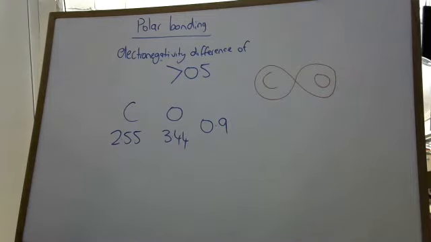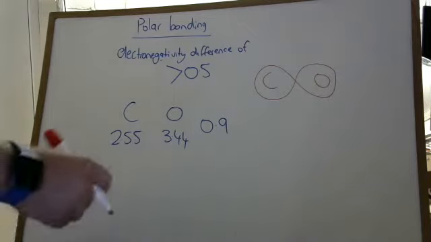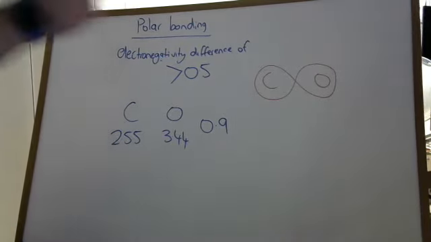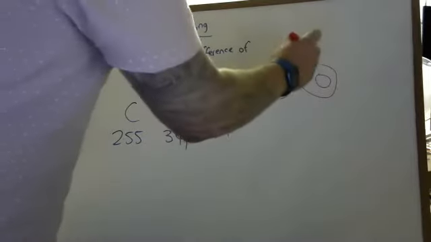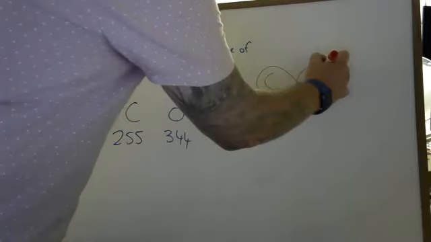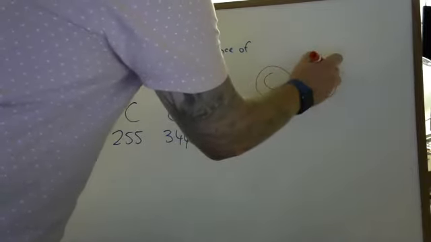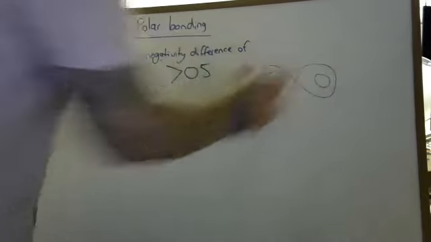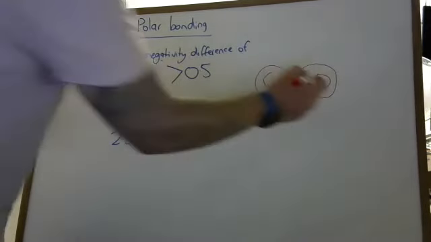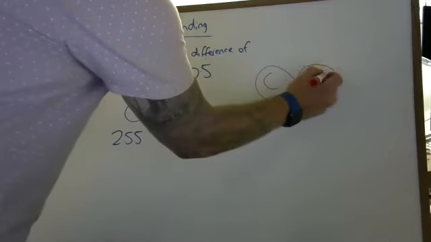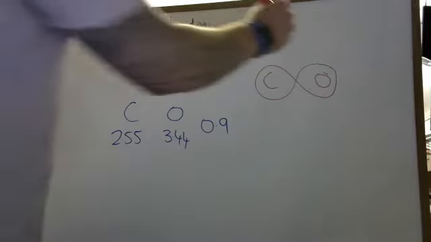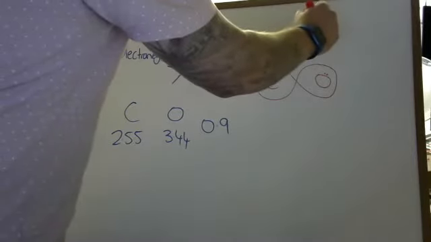Because oxygen has a greater electronegativity value than carbon, what it does is it hogs the electrons. So oxygen already has a non-bonded pair of electrons. It's in group 6. And when it binds with carbon, it steals 4 electrons.